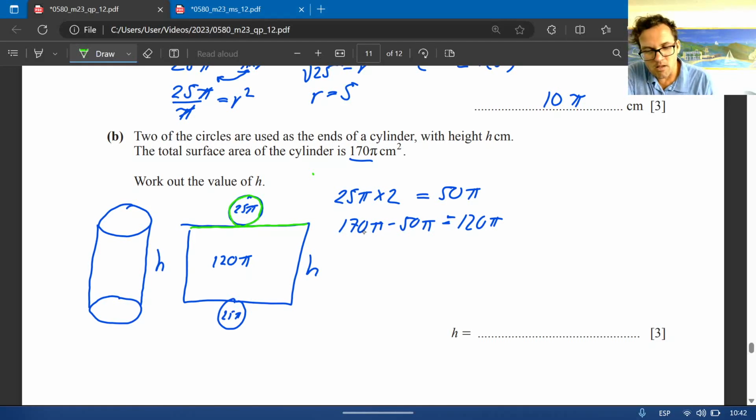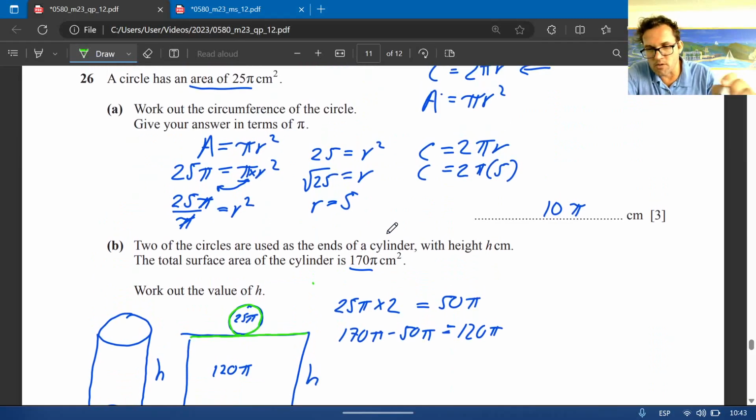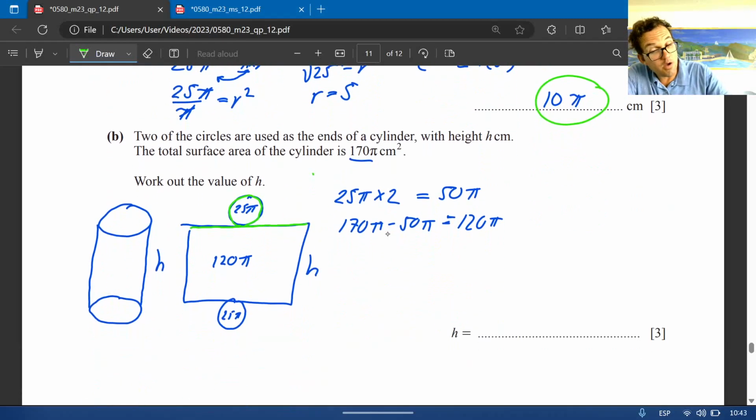So the length of the rectangle and the circumference of the circle are the same. Do we know the circumference of the circle? Yes, we do. We just worked it out over there. So we know that this is 10 pi. So if we multiply the length of the rectangle with the height, we get 120 pi.